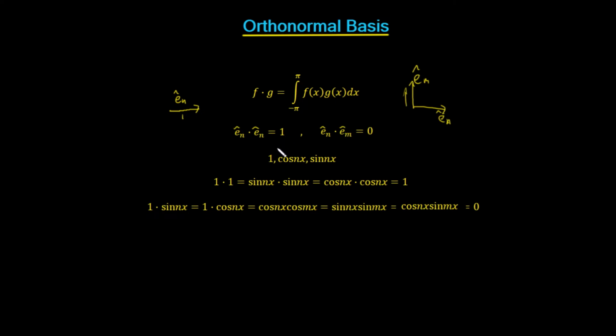For that basis, we have 1 dotted with 1, and also cos nx dotted with cos nx, and also sin nx dotted with sin nx. Those are all going to give us the value of 1. So we have to show these three, and that they give us a value of 1.